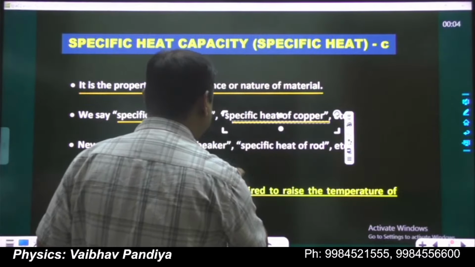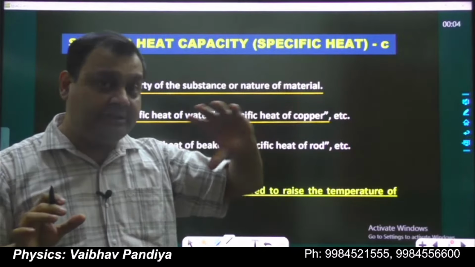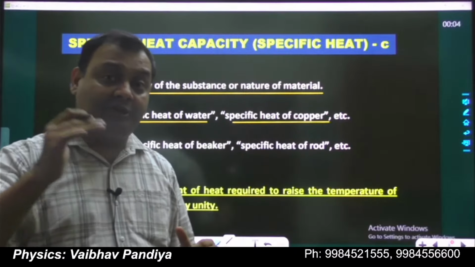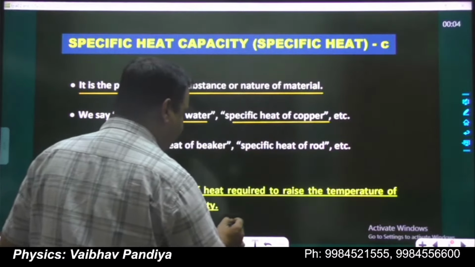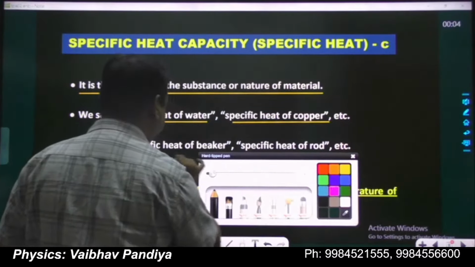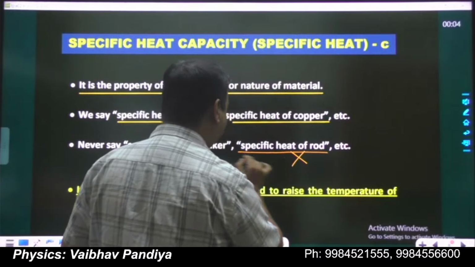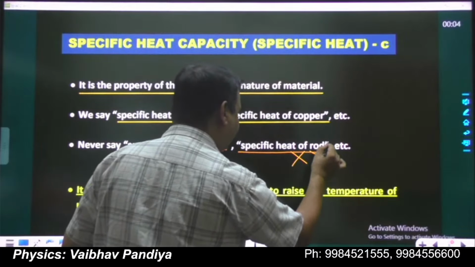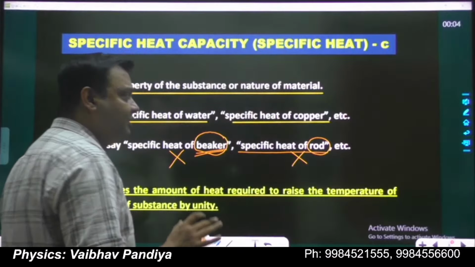We always associate a specific heat with the material, with the substance, not with the object. We never say a specific heat of beaker. We never say a specific heat of rod. Because beaker and rod are objects, and specific heat is the property of a substance.